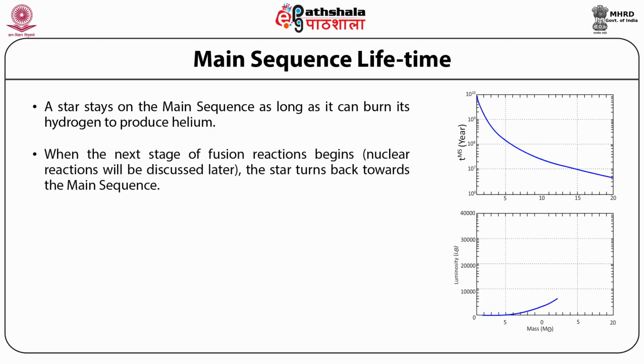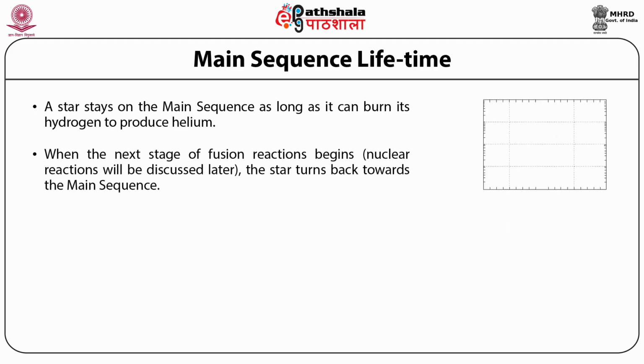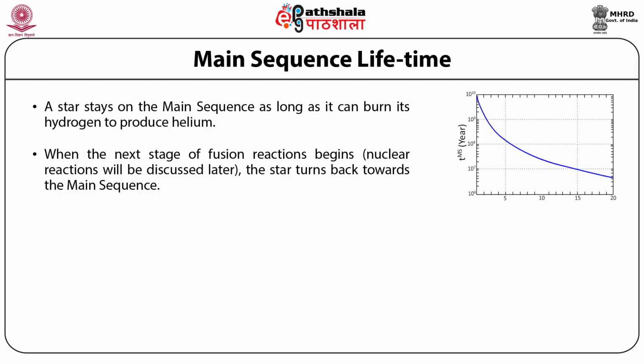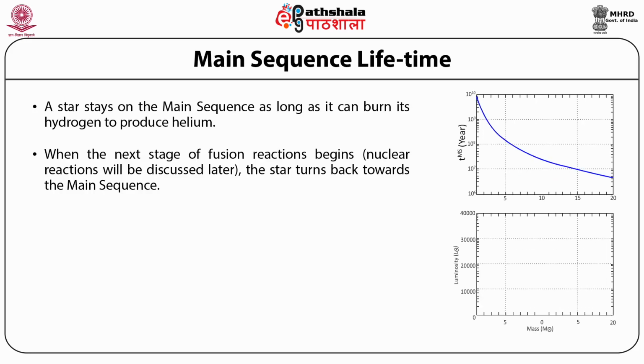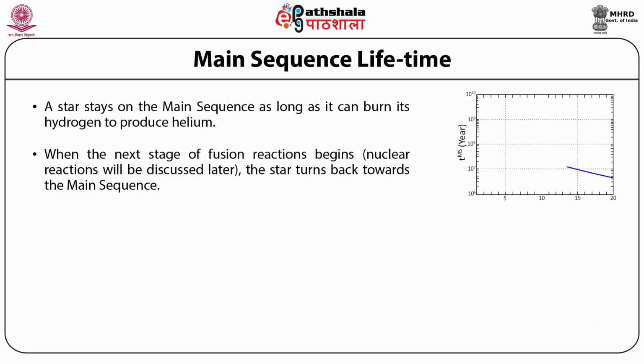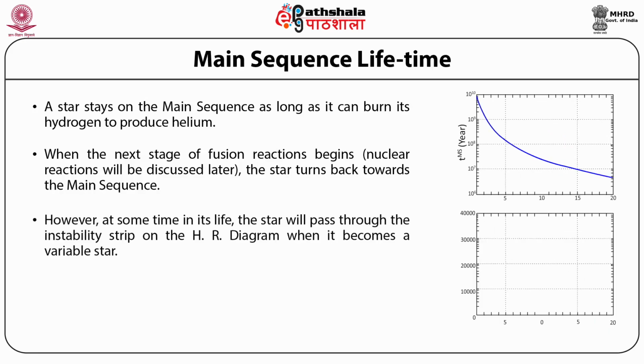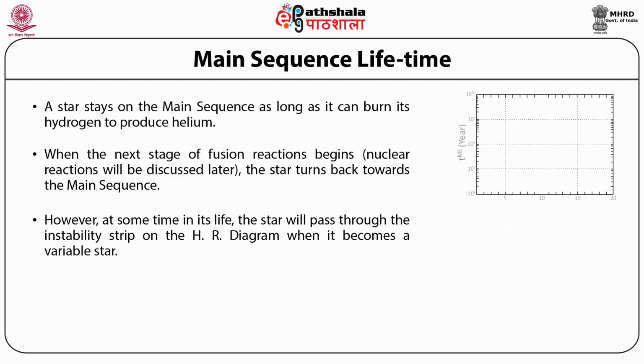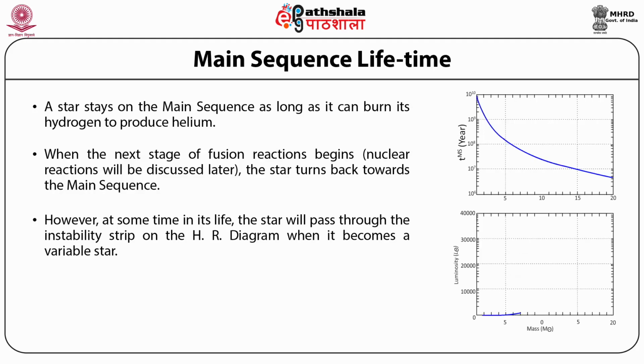When the next stage of fusion reaction begins, which will be discussed later on, the star turns back. However, at some time in its life, the star will pass through the instability strip on the HR diagram, when it becomes a variable star.